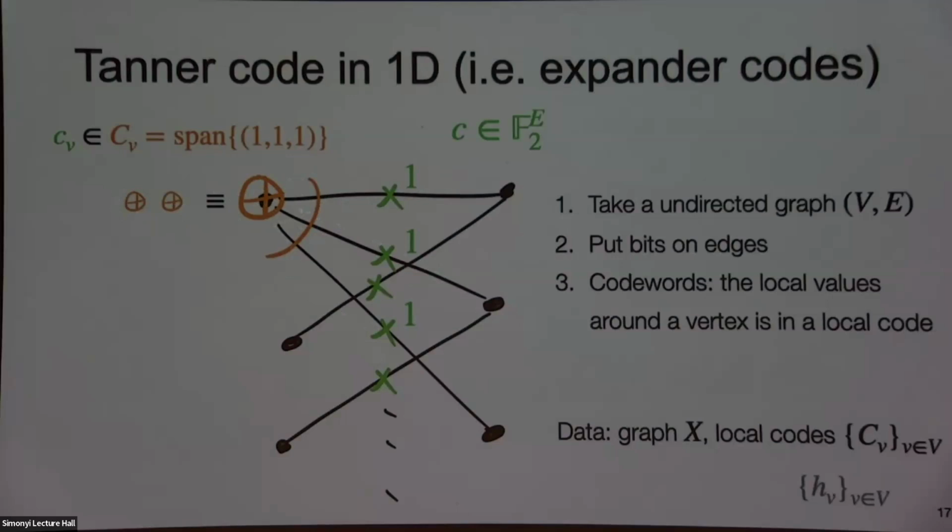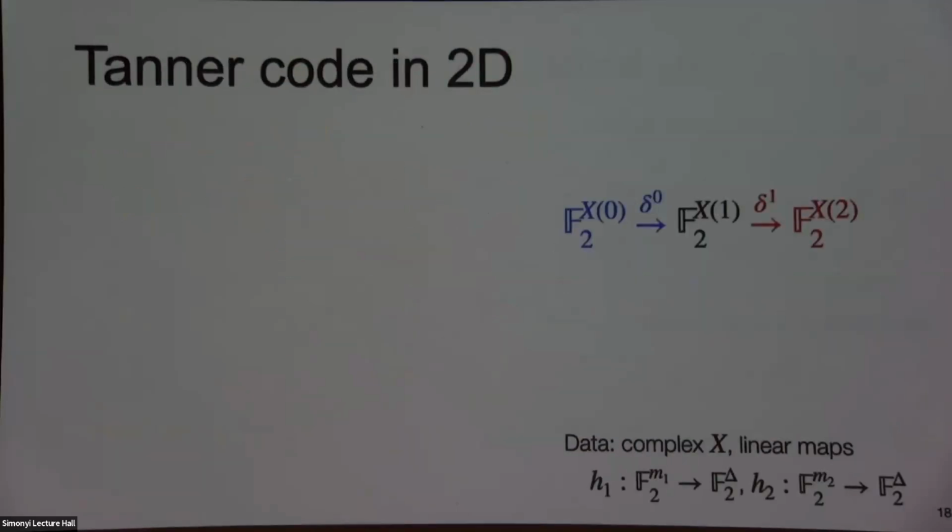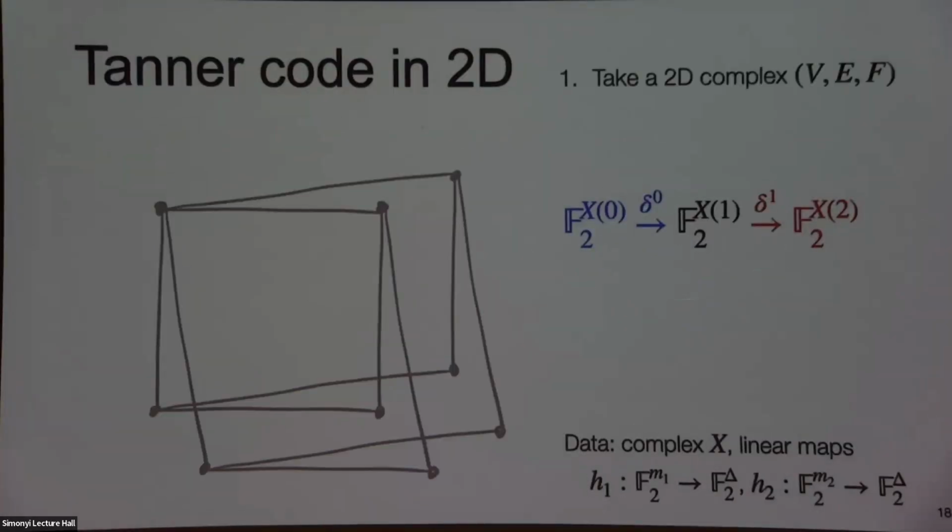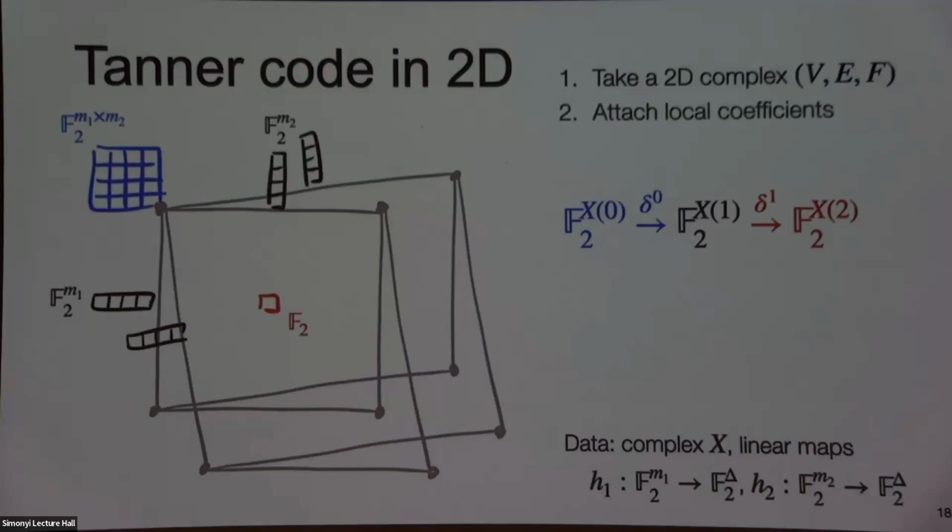All right, so we will now generalize this to the 2D case. The goal is again to construct some chain complex, and we'll start with some 2D complex, let's say the square complex that we constructed. What we'll do next is attach some local coefficients.